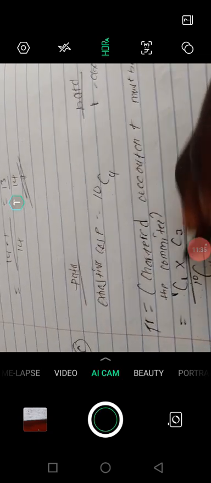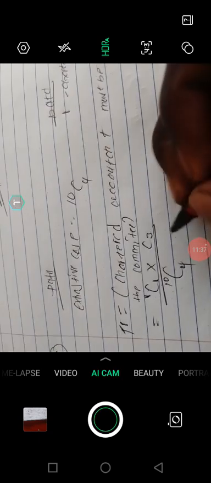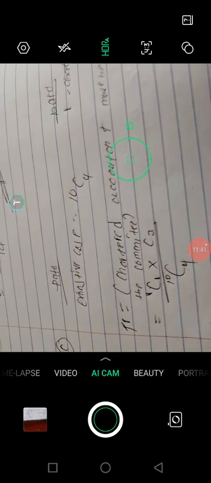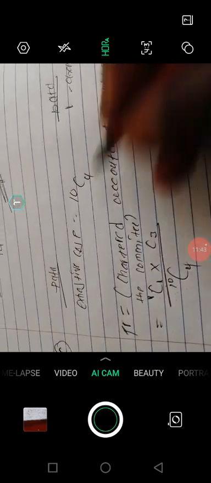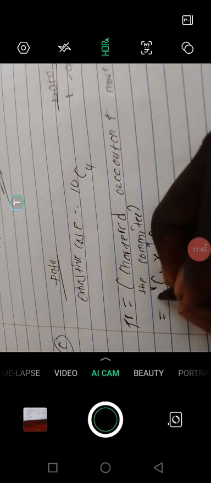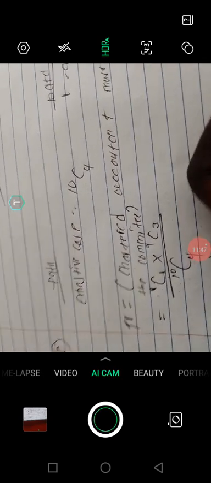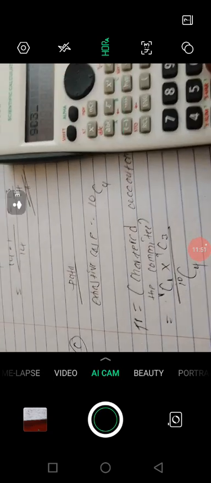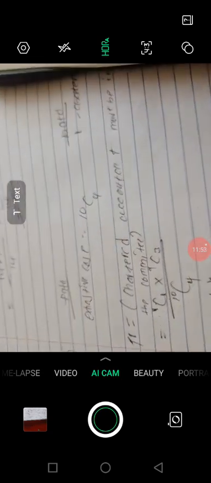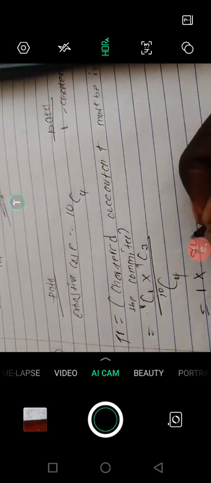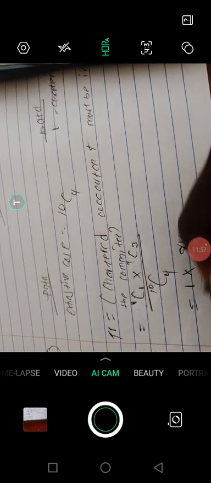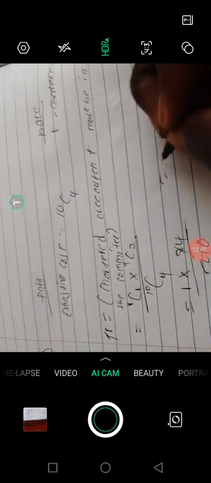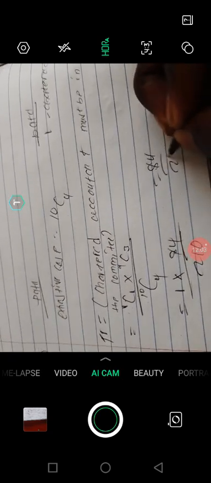What about here? 1 has already moved out, has been affected. The total number has dropped from 10 to 9. Then what is 1 combination 1? It's 1 times 9 combination 3, which is 84, divided by 210. 1 times 84 is 84 divided by 210.